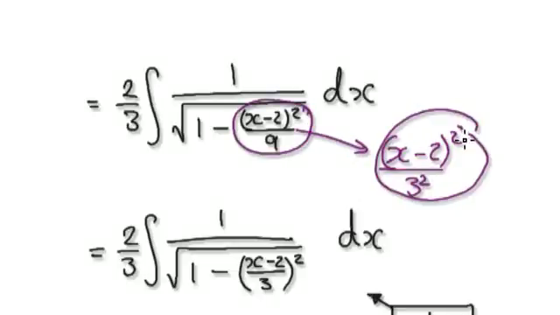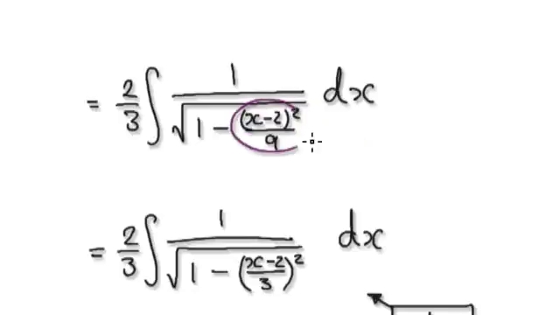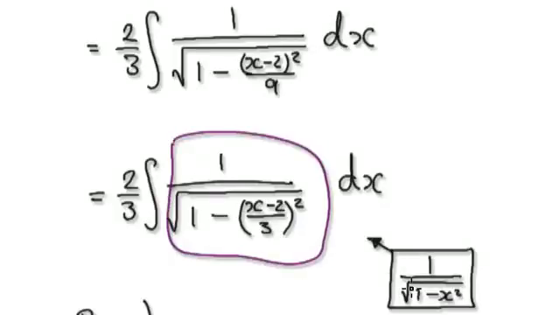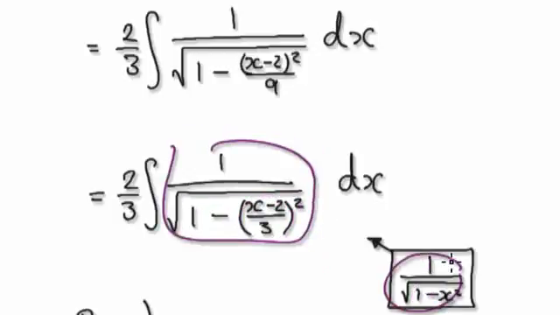These two are exactly the same. Now if you look at this, this is now of this form here: 1 minus something squared. So now this is of this form.